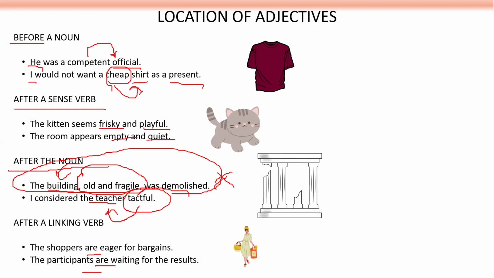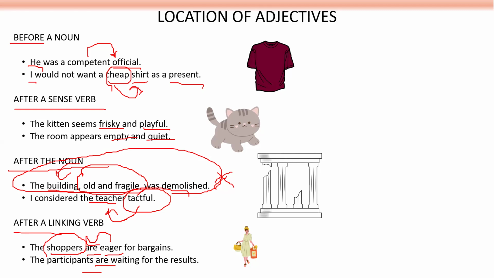So the adjectives are located after linking verbs. The noun is shoppers. Are is the linking verb. So eager is the adjective that describes shoppers. The shoppers are eager for bargains.